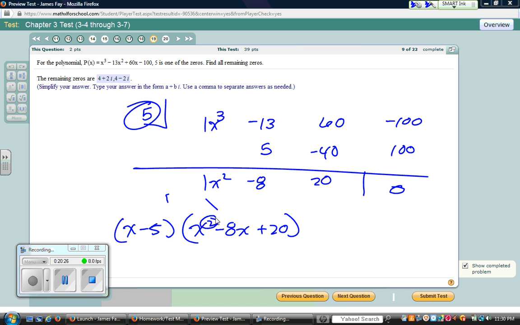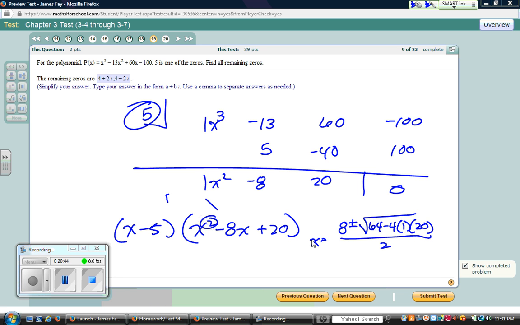Well, it's a quadratic, so we can use the quadratic formula here. Opposite of b, so 8 plus or minus the square root of b squared, which will be 64, minus 4 times a times c, all over 2a.